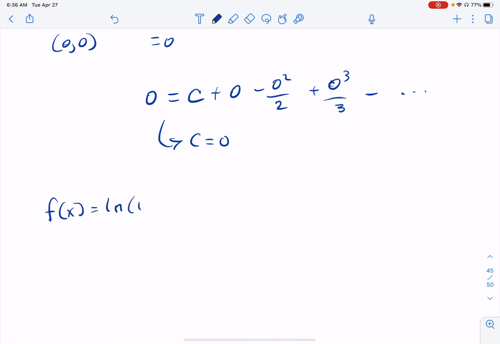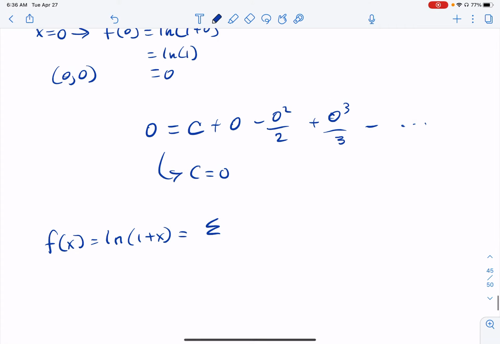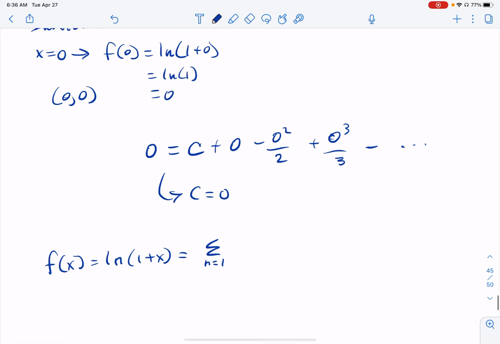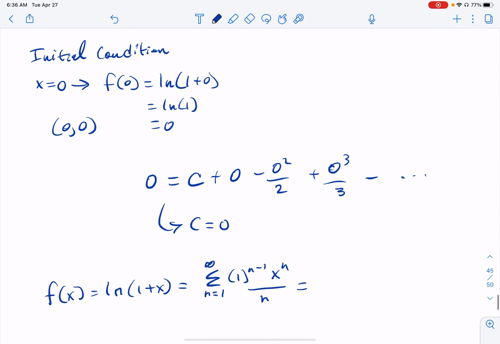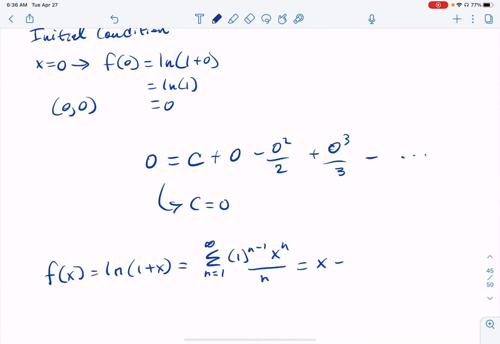The natural log of 1 plus x is equal to the summation, and we're going to start this one at 1 because we translated it, 1 to infinity, negative 1 to the n minus 1 power x to the n over n, which is equal to, as we saw right here when we expanded it out, x minus x squared over 2 plus x cubed over 3 minus x to the 4th over 4, and so on.